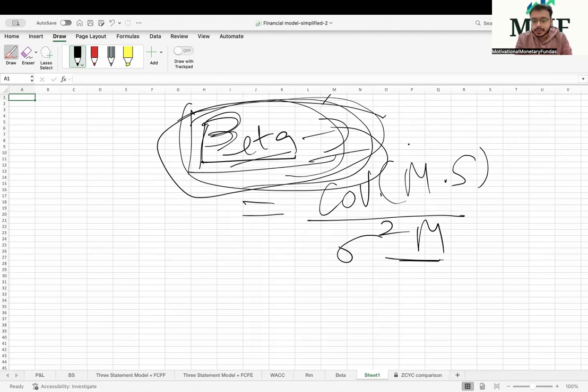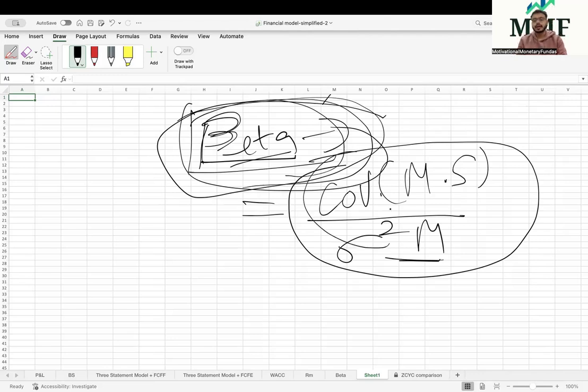But this formula is something that we need not use in the actual world because all the formulas, all the calculations, all the interpretations shall be done based upon Excel or data will be simply extracted from Capital IQ or the Bloomberg terminal. So real world में इस formula को use करके you will not be calculating the beta manually.